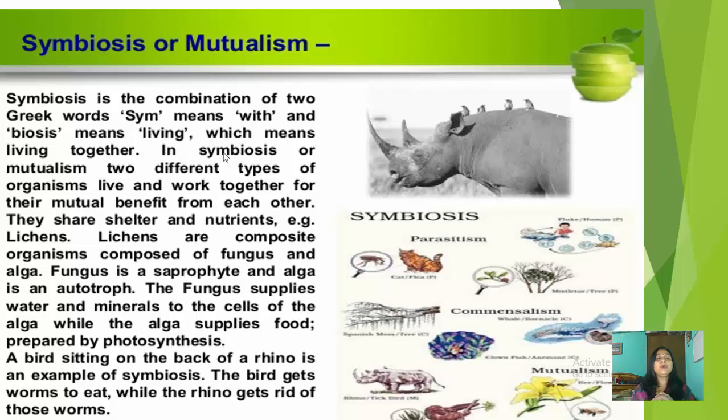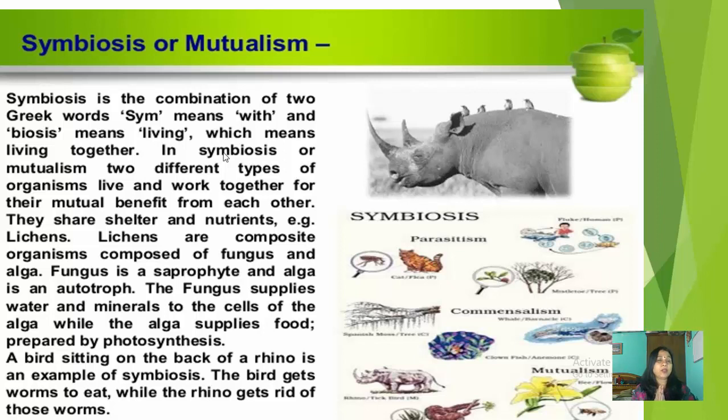But when these two live together, the fungus, as it has mycelium, that is the false roots which absorb water and minerals, supplies water and minerals to the cells of the alga, while the alga supplies food prepared by photosynthesis to the fungus. That means in this way, the two organisms, the fungus and the alga, are both benefiting each other.